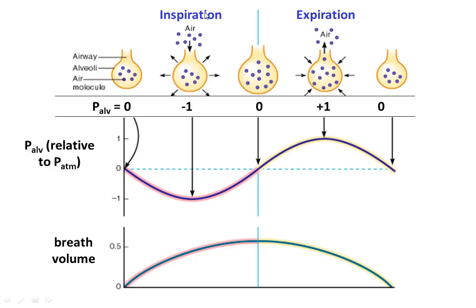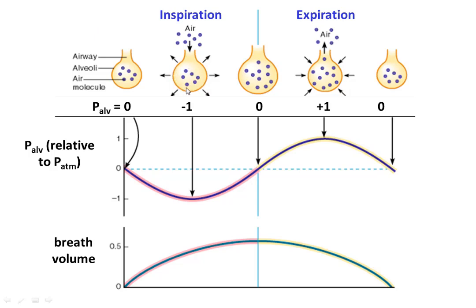Now with inspiration, what happens first? The alveoli expand because of the increase in the transpulmonary pressure, because of the movement of the chest wall pulling the pleura, and the molecules of air inside the alveoli haven't changed yet.